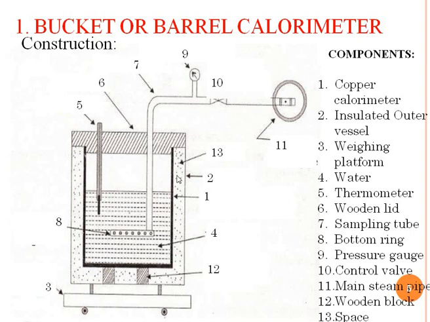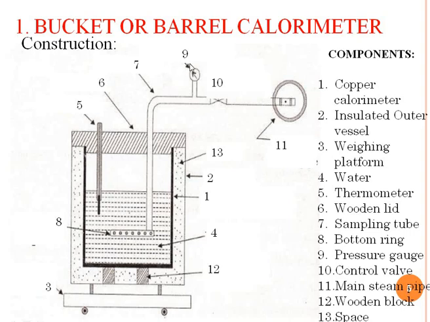Number 5 is the thermometer connected from number 6, which is a wooden lid. Number 7 is the sampling tube through which the steam sample will enter the calorimeter, connecting with number 8, the bottom perforated ring.